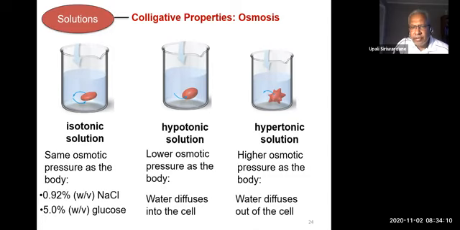Then water seeps out of the cell and the cell becomes smaller. That's a hypertonic solution. The cell gets smaller. In a hypotonic solution, cells can burst open because of the water coming into the cell.